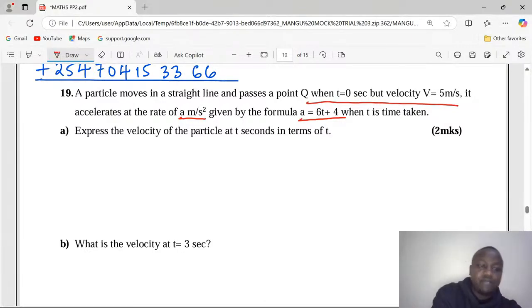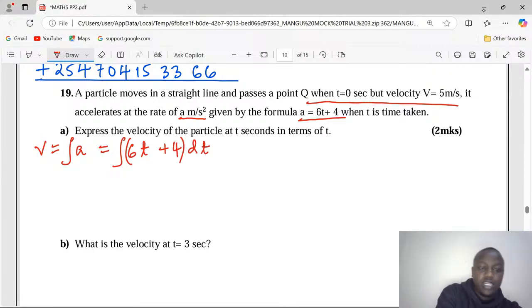So for us to get velocity, we know that we are supposed to integrate acceleration. So we'll be integrating the acceleration function, which is 6t plus 4, with respect to time. When this is integrated, the power of t is supposed to increase. So t becomes squared and the new power divides everything.